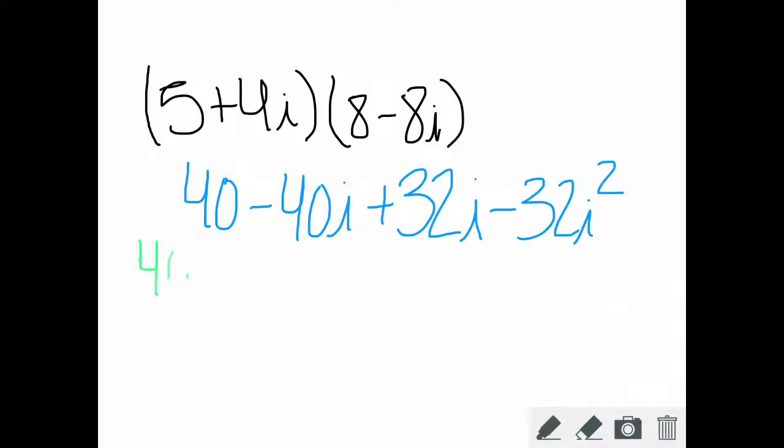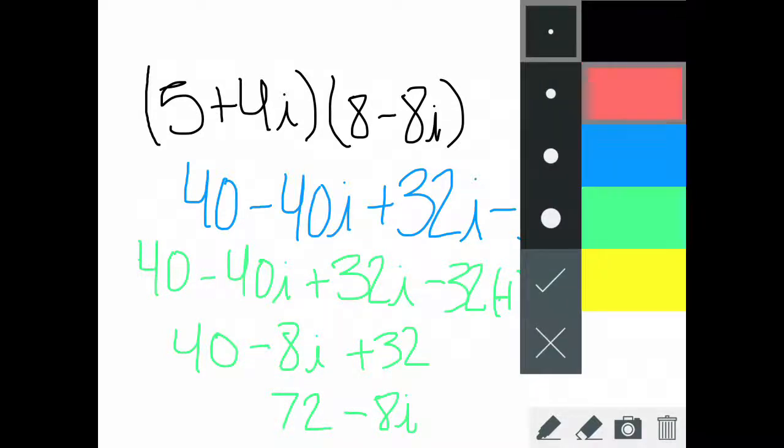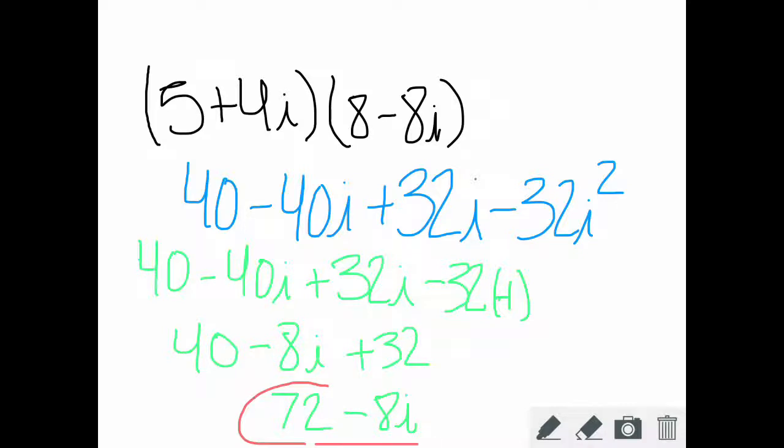Now to write it out, it's going to be 40 - 40i + 32i, and then you want to remember the i squared is always -1, so it would end up being -32 times -1. So to add like terms, it's going to be 40 - 8i + 32, and 40 + 32 is 72. So the answer is 72 - 8i.